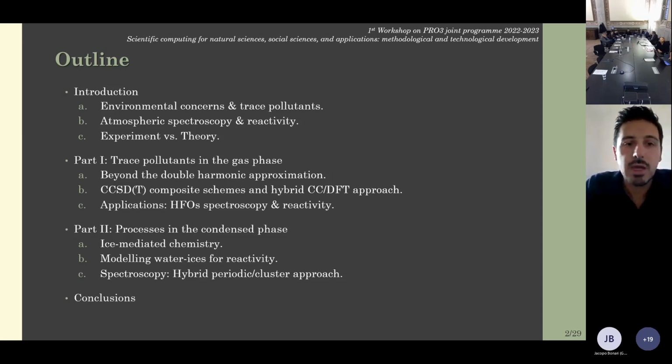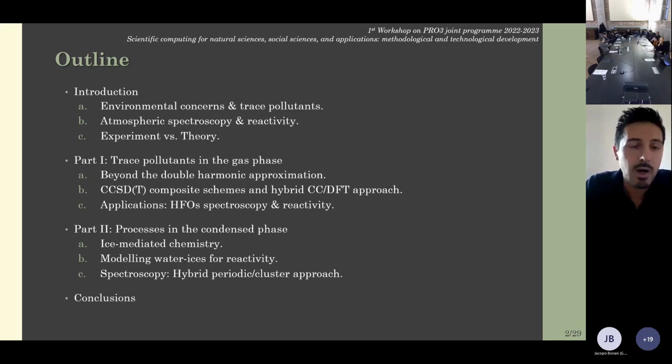After a brief introduction, talking about basically environmental pollution and the role played by trace gas pollutants, we will also highlight the need for a spectroscopic characterization of pollutants as well as of their reactivity mainly in the atmosphere, and we will highlight the role of computational chemistry in this field.